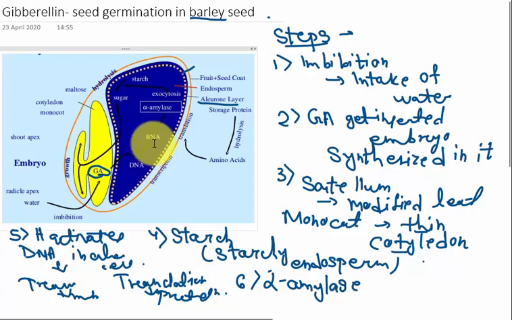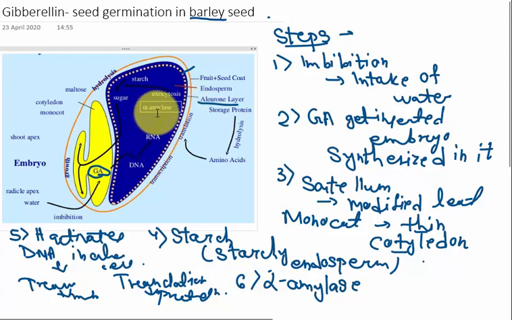Then transcription takes place, that is the formation of RNA, then there will be the formation of proteins, and it induces synthesis of alpha amylase and other hydrolytic enzymes. Then the amylase goes to the endoplasmic reticulum and Golgi, is sorted and packed into vesicles, and is exported from the cell membrane by the help of exocytosis.